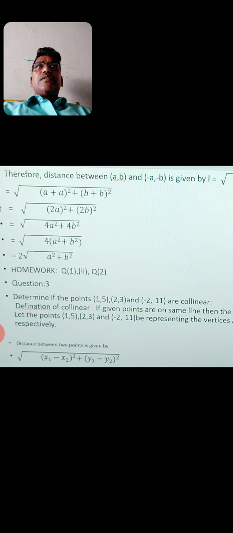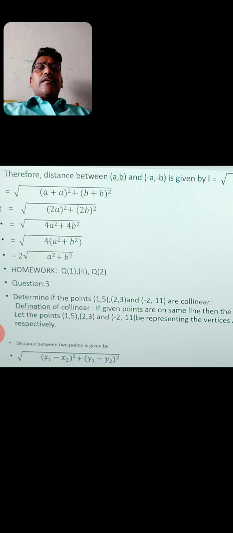If AB plus BC is not equal to AC, it is non-collinear. I mean the points are not on the same line. So the points are clearly given. You take the first point as A, the second point as B, the third point as C.